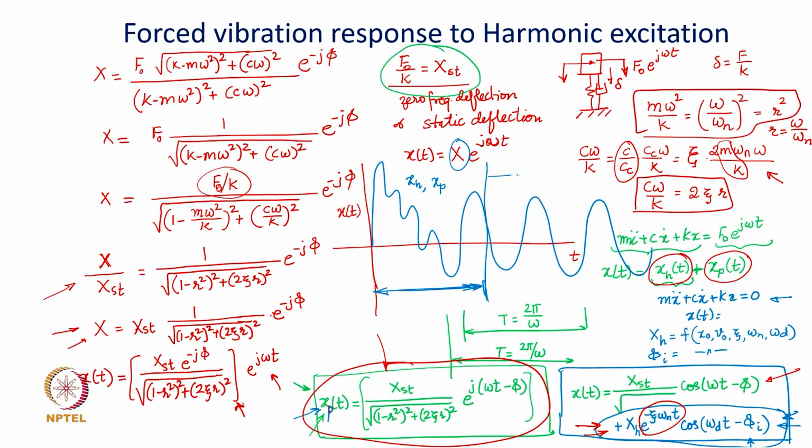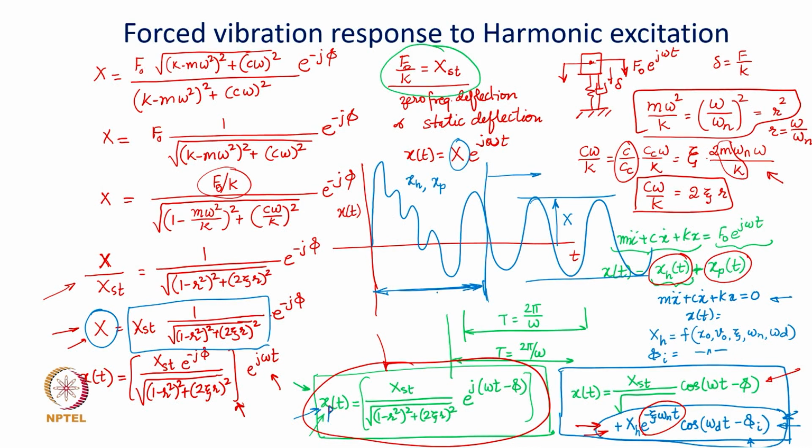Whereas, after a few cycles only this steady state solution persists, and what you see is a constant amplitude response, where this x is the x that we have got here. Okay. It is only this x that remains, and the initial part, which is like a mix of both responses, will appear.